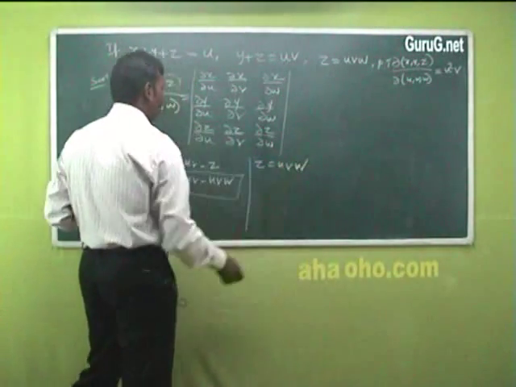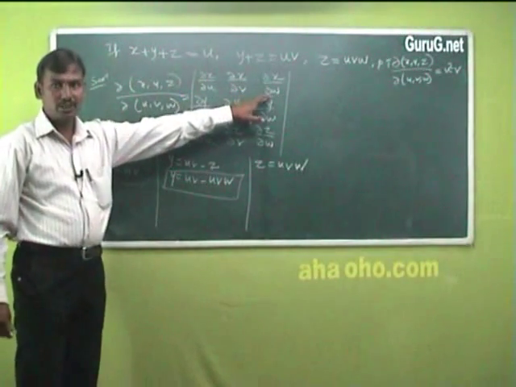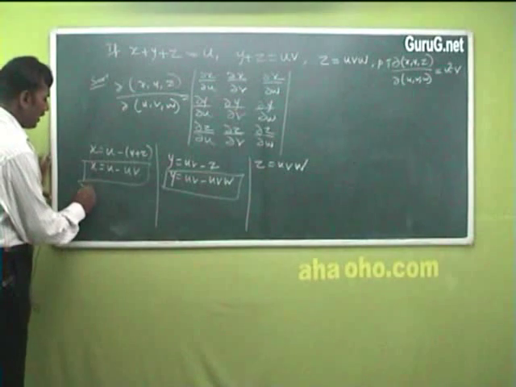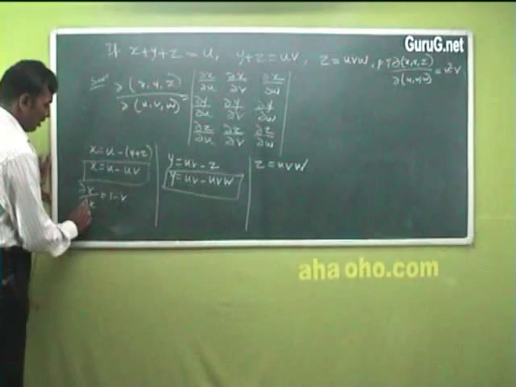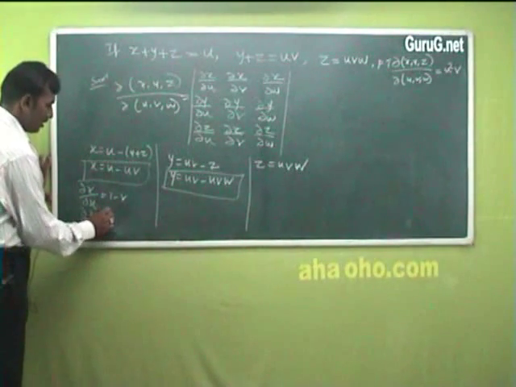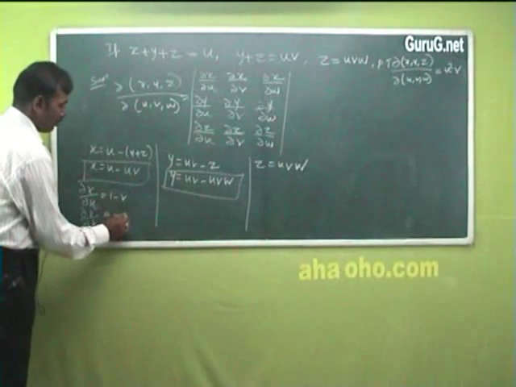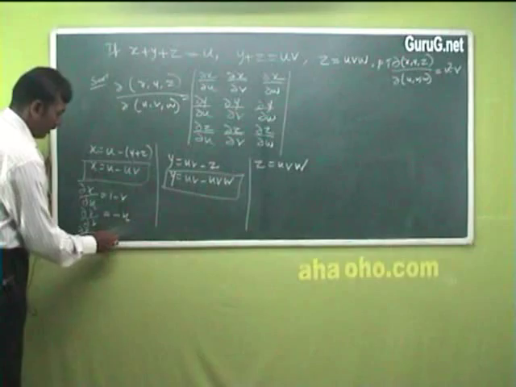So now you find out these values. Dou x by dou u equals 1 minus v, dou x by dou v is minus u, then dou x by dou w is 0.